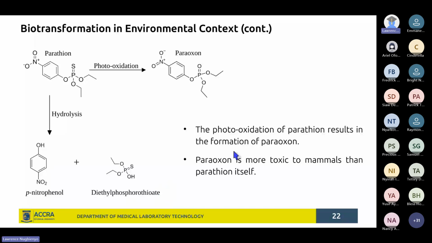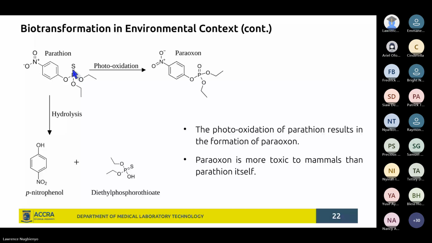And the photooxidation of parathion results in paraoxon. That paraoxon is even more toxic to humans, mammals, than the parathion itself, also acting on the central nervous system. So it can result in some paralysis in the end. So this is also banned now.